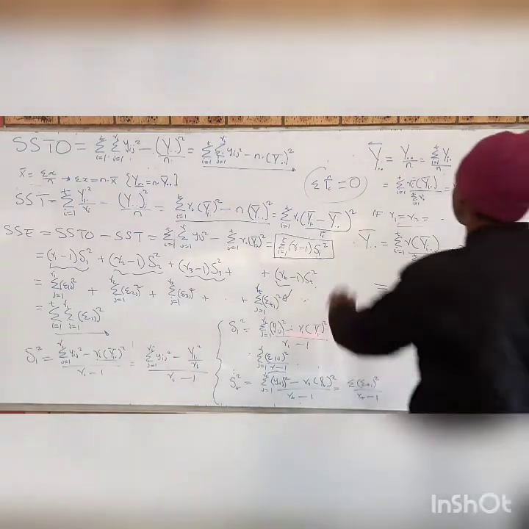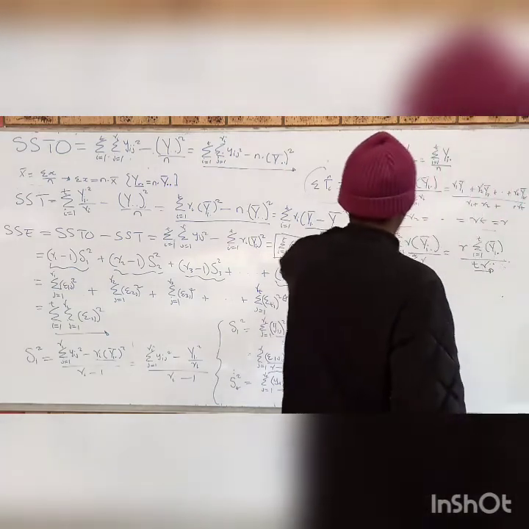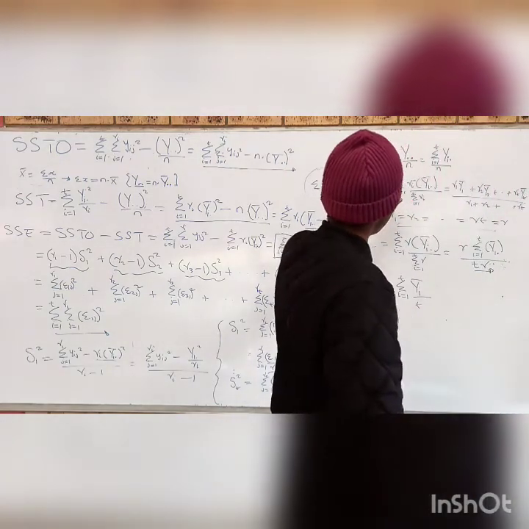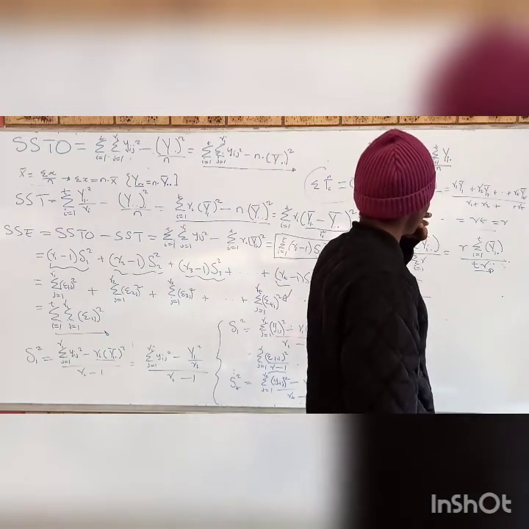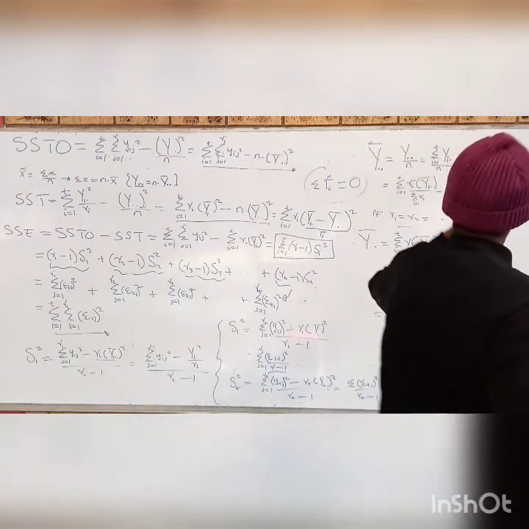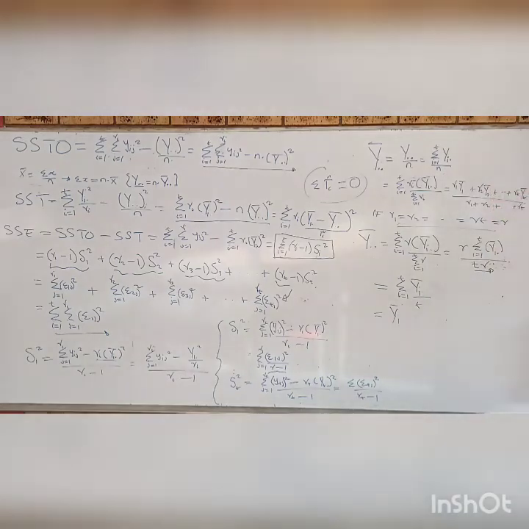The formula I'm about to write caters for both balanced and unbalanced. So the grand mean, which is y bar dot dot, is y dot dot over n. It's the sum of the totals of each treatment, from treatment number 1 until the last treatment, that overall sum divided by n.